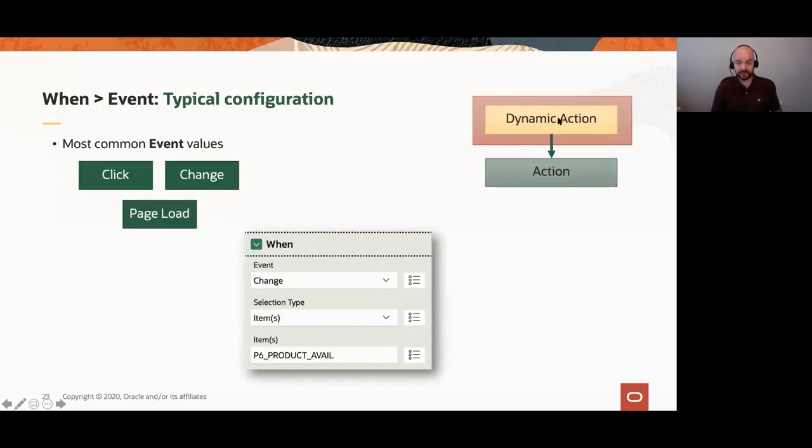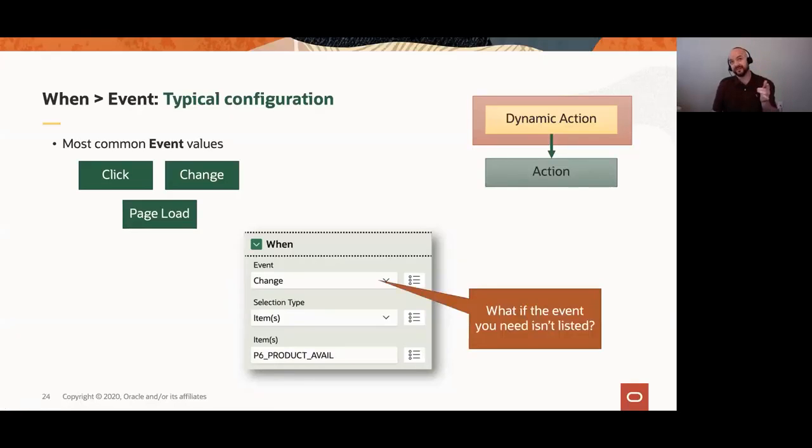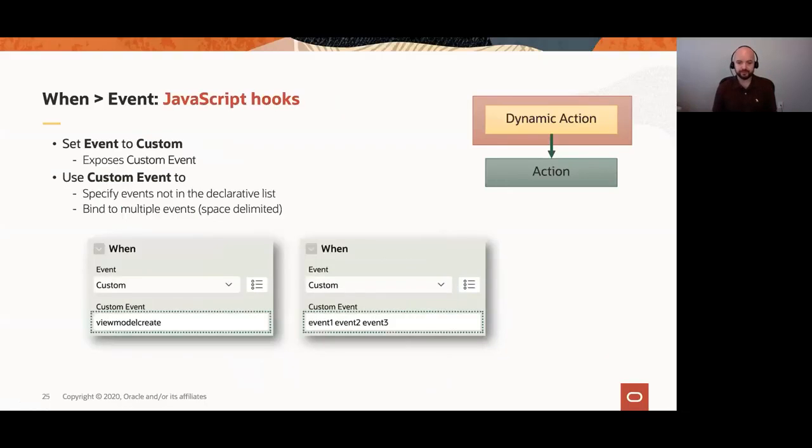So we're starting here at the parent level, and we're looking at the event. Now, normally when people are creating dynamic actions, the most common events they're going to use are click, change, and page load, right? Well, that's nice, but what if the event that you want to work with is not in that declarative list of event names? Well, no problem.